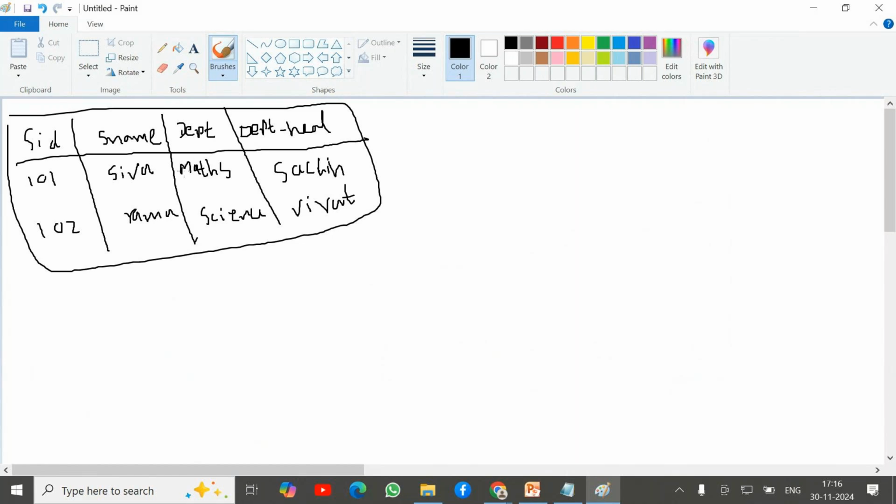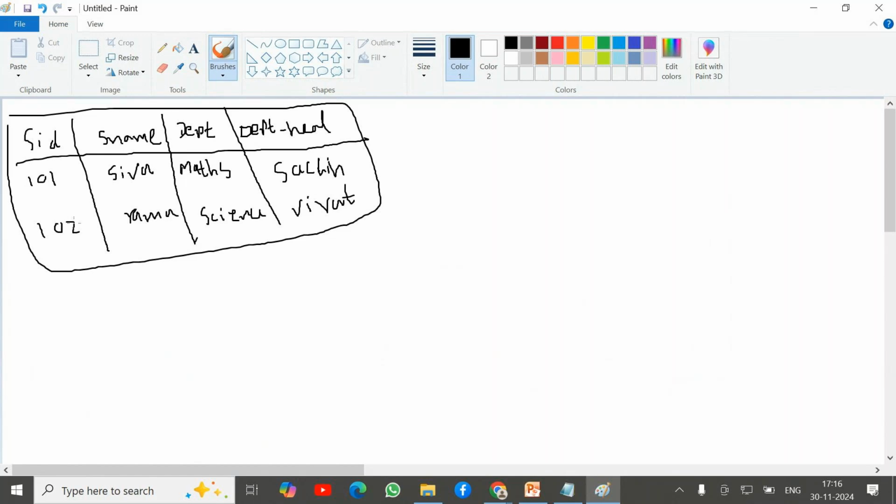Now I'm dividing this one into two tables. Here the department head depends on the department, not directly on the primary key student ID. Now to bring the table into 3NF, into two tables, the student table.